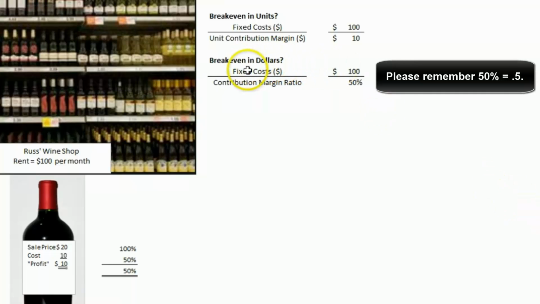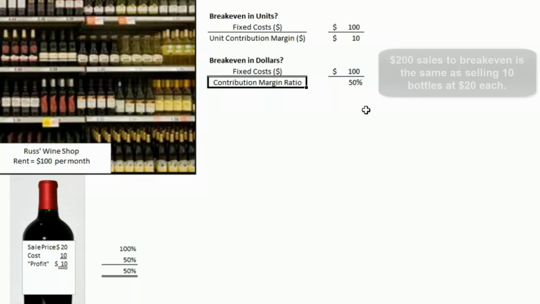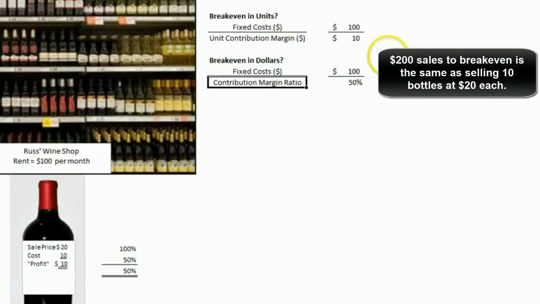I'll take fixed costs and divide it by the contribution margin ratio of 50% to give me a break even expressed in dollars of $200. Same answer, 10 bottles of wine times $20 a bottle sale price is $200. So I got the same break even answer, one way expressed in units, one way expressed in dollars.